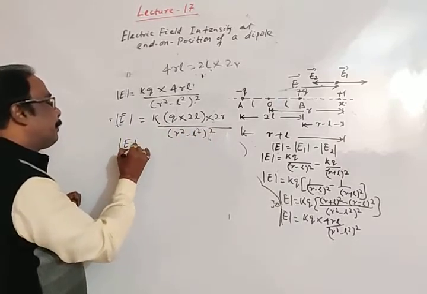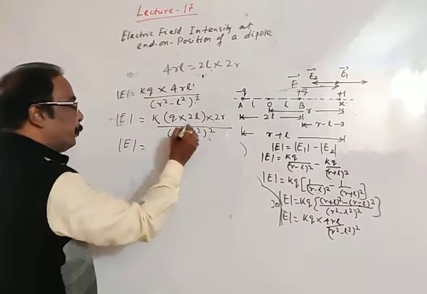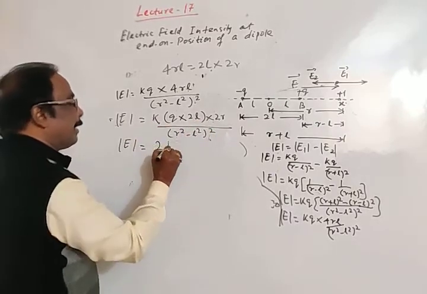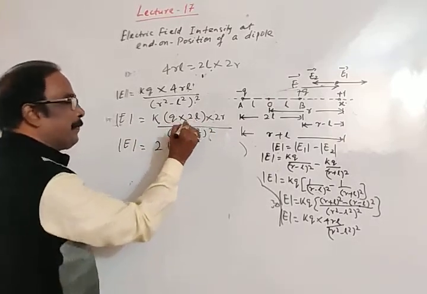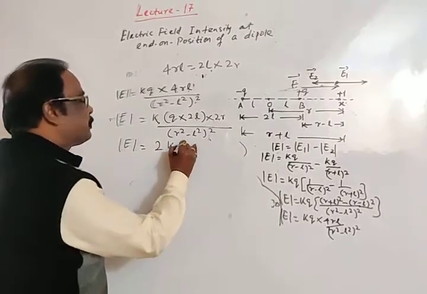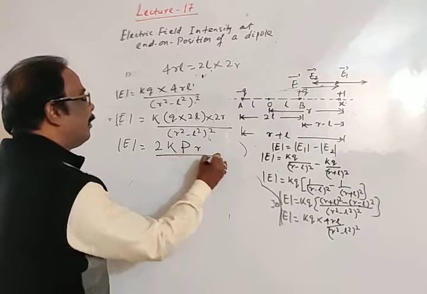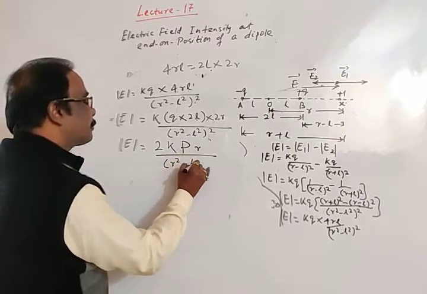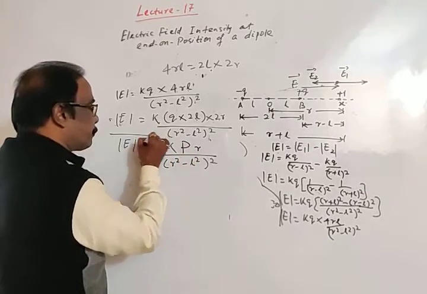Q into 2L is the dipole moment, so the magnitude is k into 2 into P into R divided by (R square minus L square) whole square.